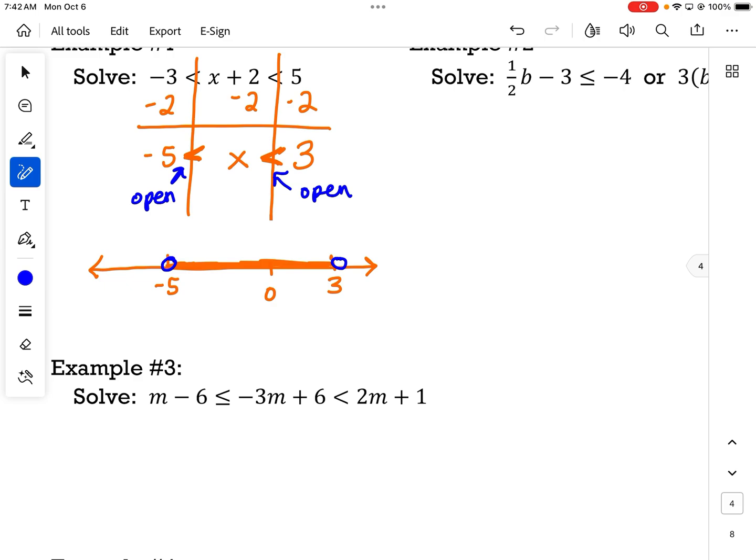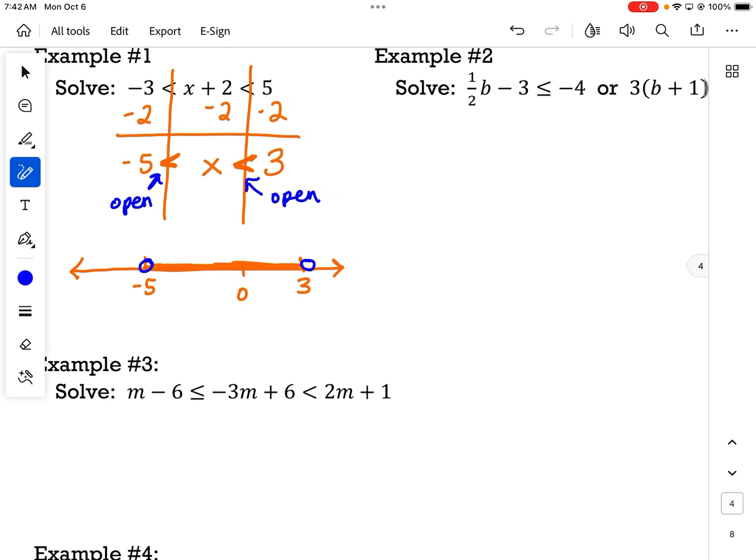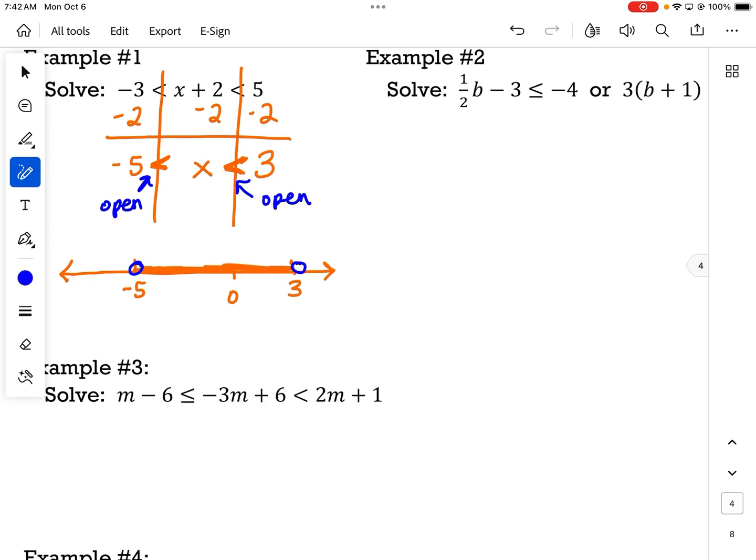So that's how we would put it on a number line. So x is anything between -5 and 3. All right, cool. Not too bad.